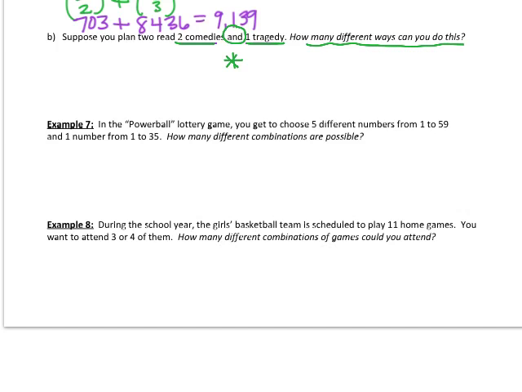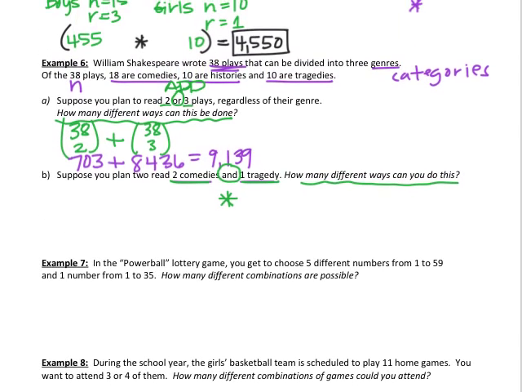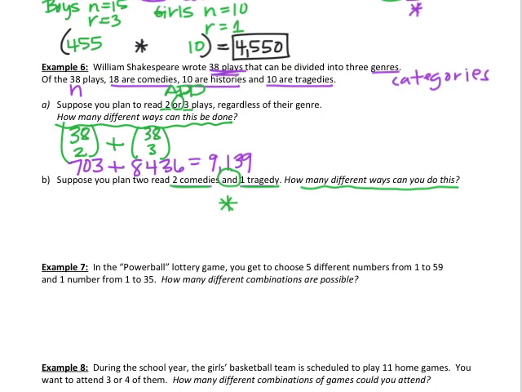And remember, there were specifically 18 comedies, and there are 10 tragedies. So when we have 18 total comedies and we're choosing 2, we can find out how many combinations of those there are. And then we have 10 tragedies and we're only choosing 1.